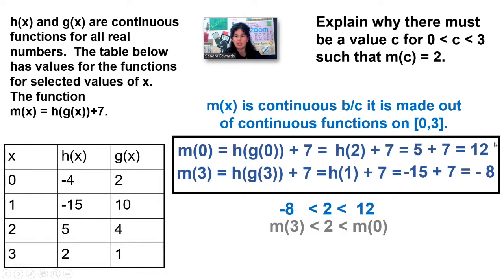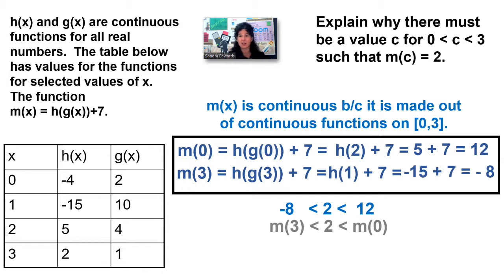But you would still need to have up here the answers to the m of 3 and m of 0. But just know that if I made this statement here in blue or this statement here in gray, it's saying the same thing.